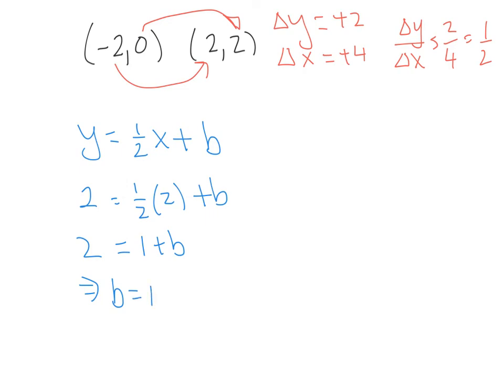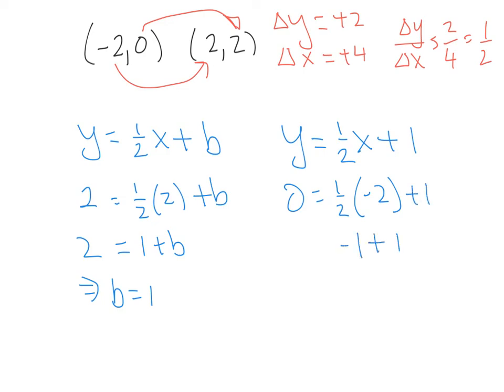So we'll double check that our equation y equals 1/2 x plus 1 is in fact what we're looking for by plugging in the other point. So we put in 0 for y equals 1/2 of negative 2 plus 1. Of course, 1/2 of negative 2 is negative 1, and negative 1 plus 1 is, of course, 0.